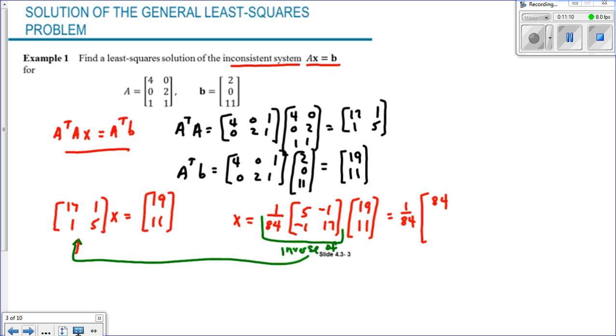And then 187 minus 19, 168. Okay, so that's our least square solution. That's saying that that vector, if you take A times x, that will be the closest possible solution in Ax, in the column space of A, to 20, 11. So that's our least square solution.